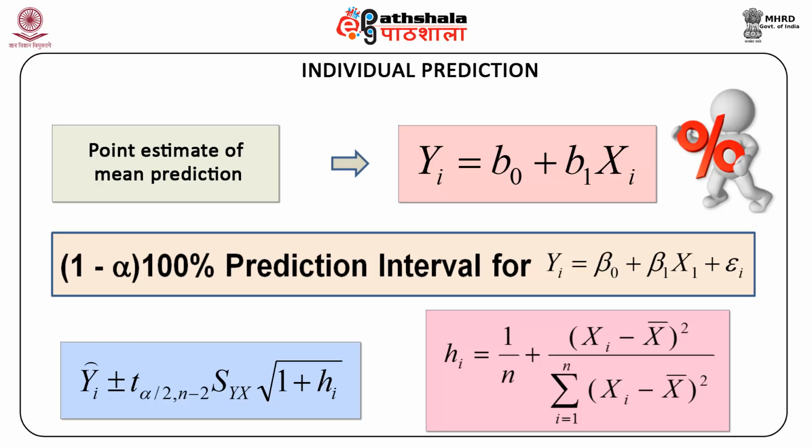Hi is equal to 1 by n plus (xi minus x bar) the whole squared divided by the summation from i equals 1 to n of (xi minus x bar) the whole squared, where syx is the standard error of y values about the mean, and hi is the variance of the estimator yi hat.